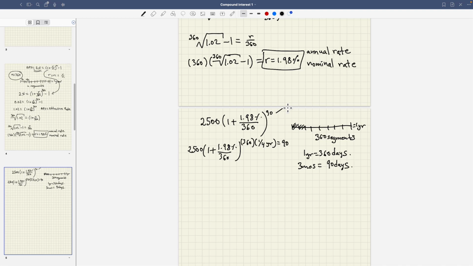Again, I will need a calculator because we're trying to get the value, say, for this, which is the same as the one underneath. Let's see what that equals. I have $2,500 times (1 plus 0.0198 divided by 360) to the 90.